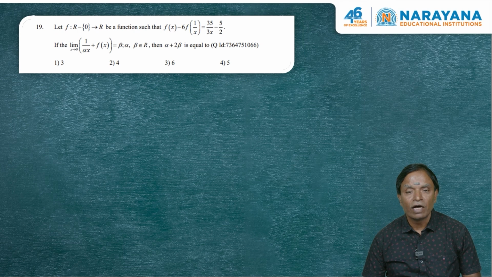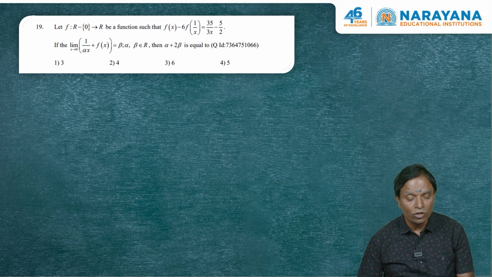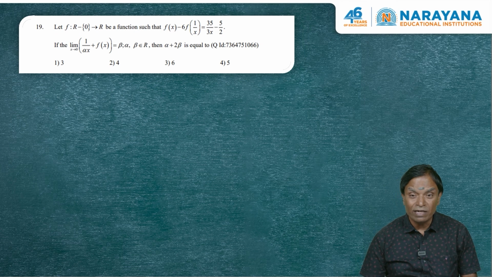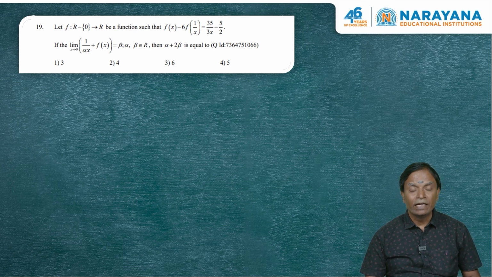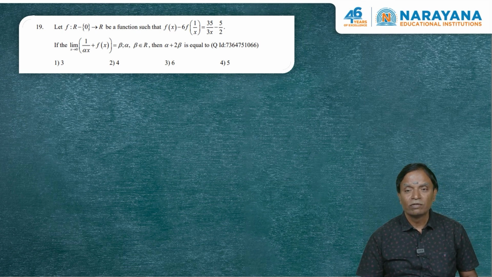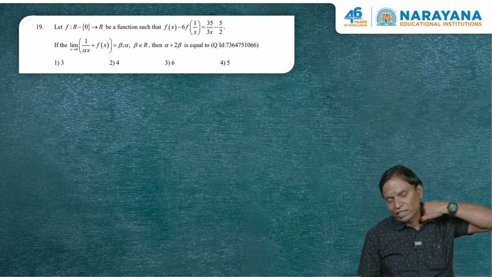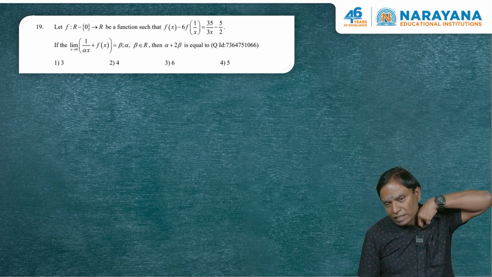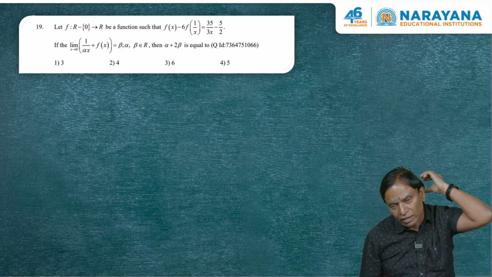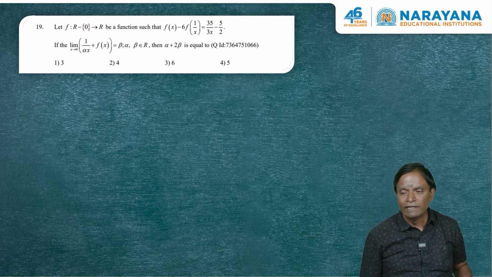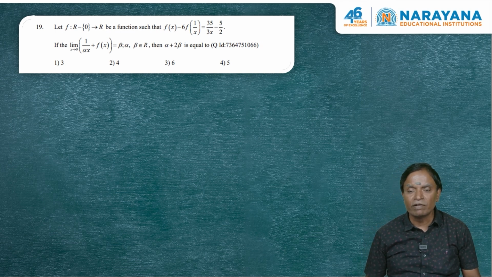Next one, you are given f from R minus 0 to R, some function is given, and you are given limit x tends to 0. Now for functional equations, if it is a Cauchy's equation, you have a direct method. In general, for a functional equation, it is only observation and solving the given equation.